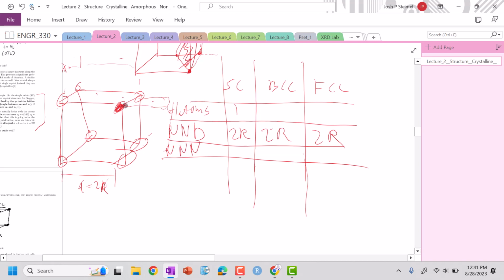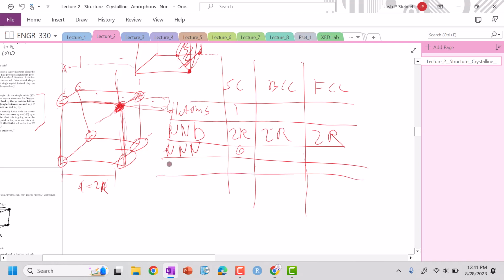Well, if we look at these atoms, this atom is touching this atom here. 1, 2, 3, and then there'll be another atom stacked on top of this, 4. So 1, 2, 3, coming out of the board, 1, 2, 3, 4, 5, and then there'll be one going this way, 6.